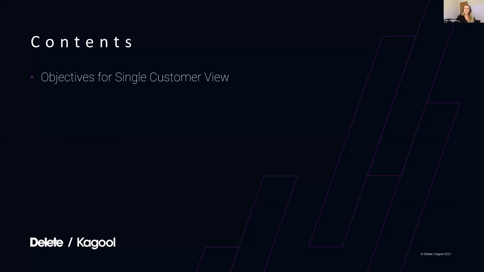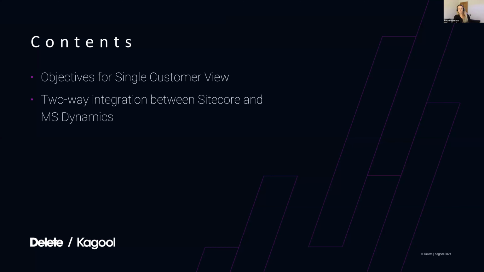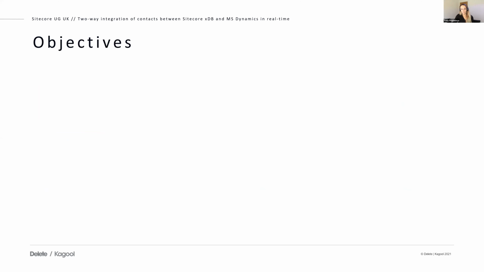So here's what we're going to cover today. Objectives of single customer view, two-way integration between Sitecore and Microsoft Dynamics, and key achievements of our tried and tested approach for this integration. Let's begin with our objectives.